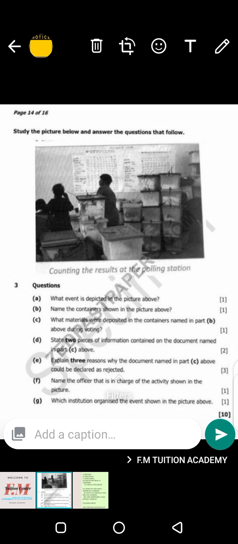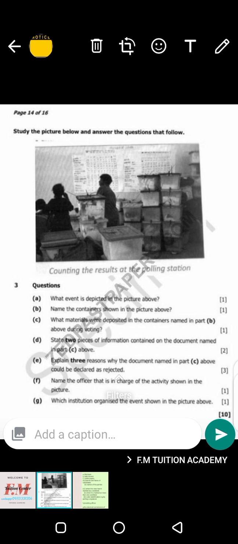It's written there, counting the results at the polling station. You can see people entering the polling station, and those are the boxes in there.